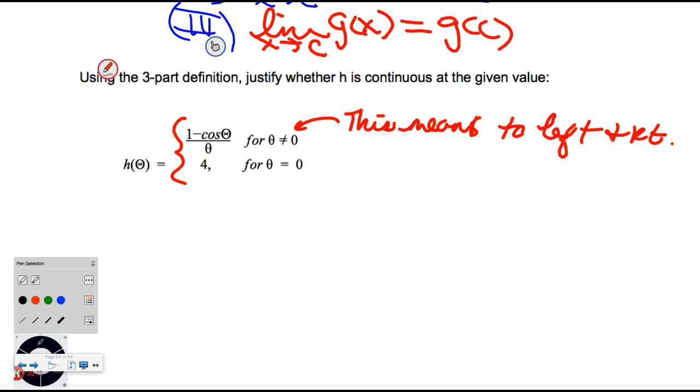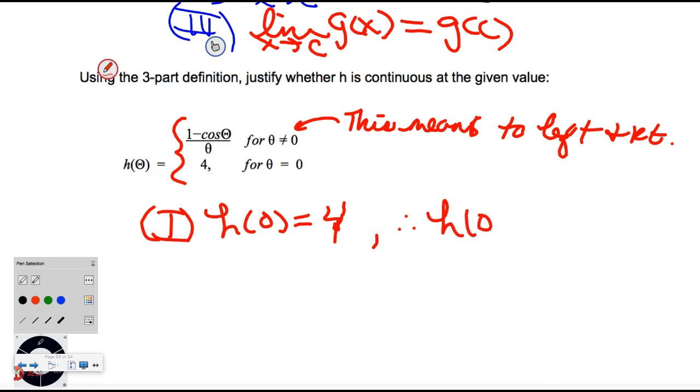All right? So if I'm going to use the 3-part definition, number 1, I have to see if h of 0 is defined. What is h of 0 according to this piecewise function? 4. So it passes criteria number 1. So therefore, h of 0 is defined.